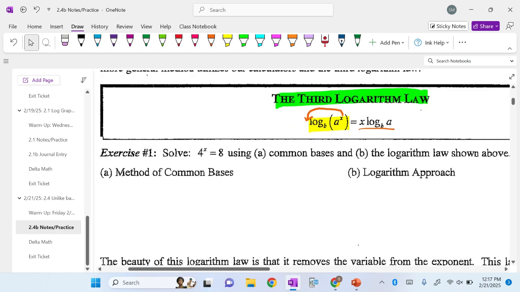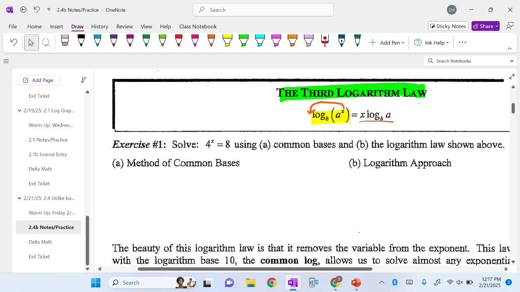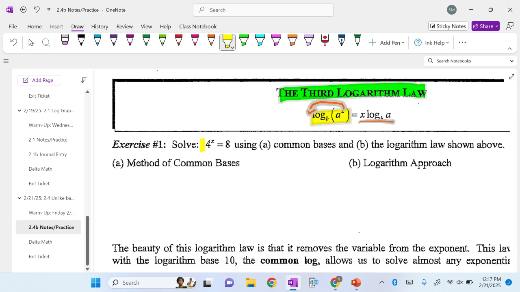All right. Now, that being said, we're first going to do a very simple example that you can use same base for, but we're also going to show the logarithm approach as well. Just something to note is that the log approach works for any exponential equation.